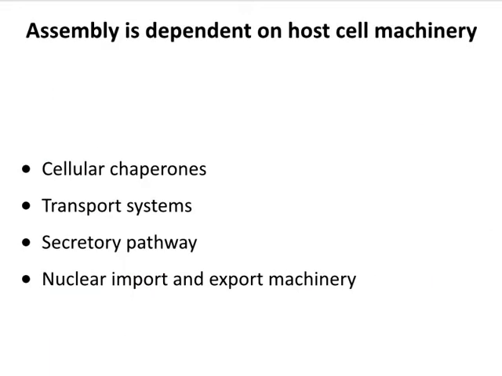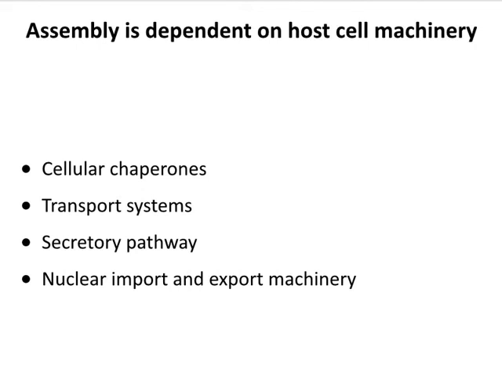Now remember that as with every other stage of replication of viruses, the host is essential. Okay, and that's going to be obvious today as well. The assembly part of infection requires chaperones. These are cellular proteins that help viral proteins fold properly. Transport systems are really important. We're going to talk about viral subunits going from one part of the cell to the other.